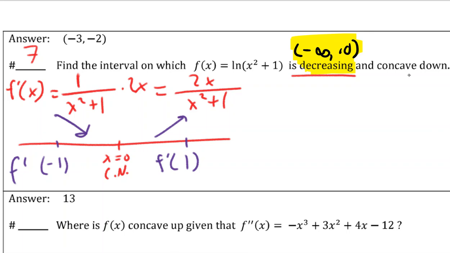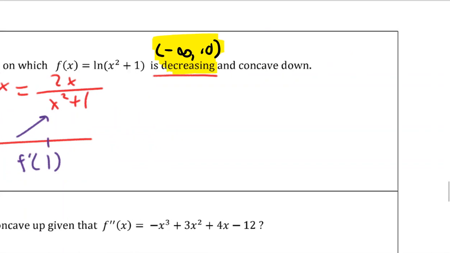Okay, well, I also need to compare that with where it's concave down, because I want to know when is it decreasing and concave down. So to find out concavity, we need the second derivative. So I've got the first derivative right here. For the second derivative, we would need the quotient rule.